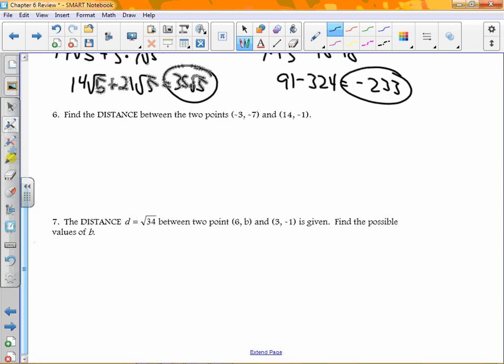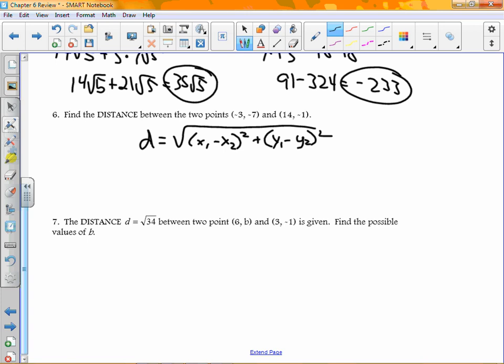All right. These two are two very different problems now. They both use the distance formula. But what you got to understand is where you plug the numbers in at. It doesn't matter where you start out in the distance formula.